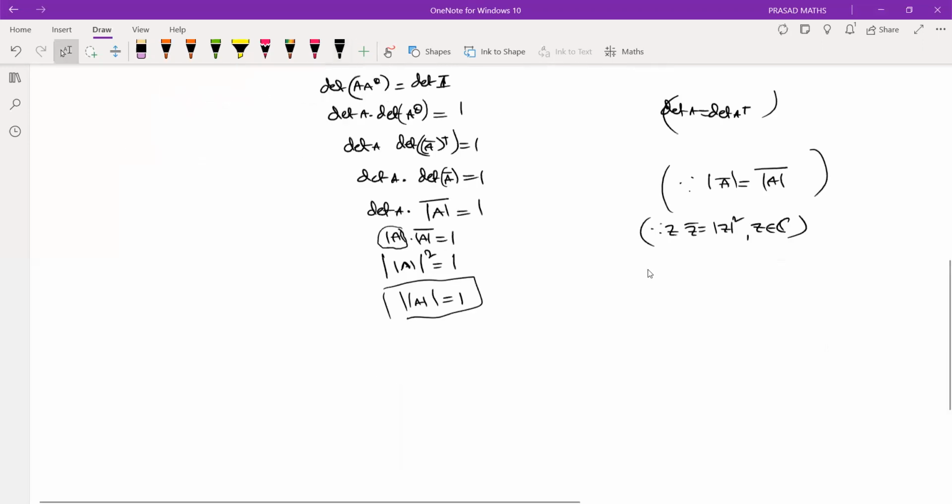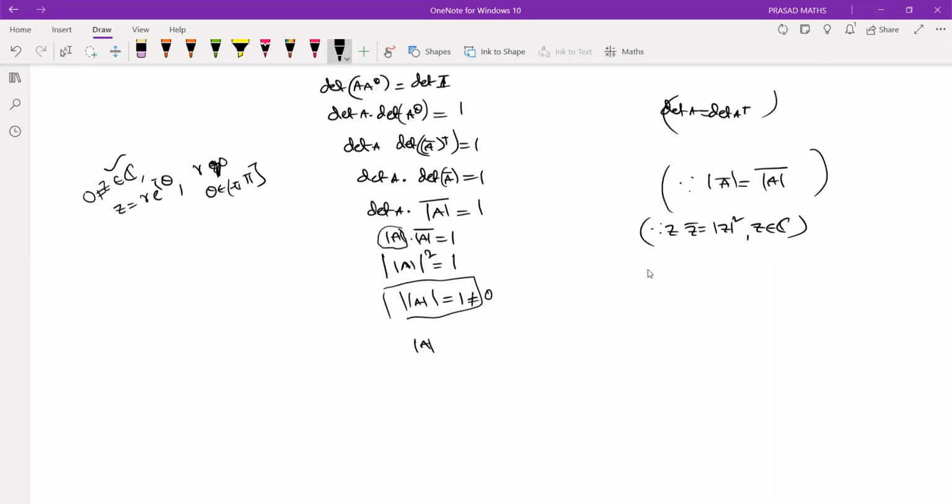So modulus of det A is 1, which means it is non-zero. In complex analysis, any non-zero complex number can be represented in polar form, r into e power i theta, for some positive r and some theta.